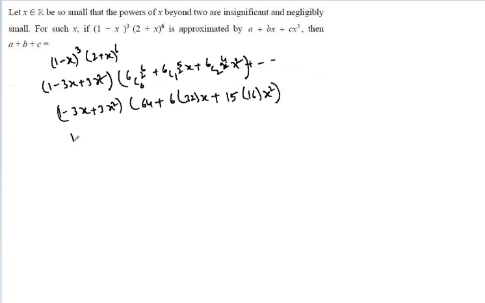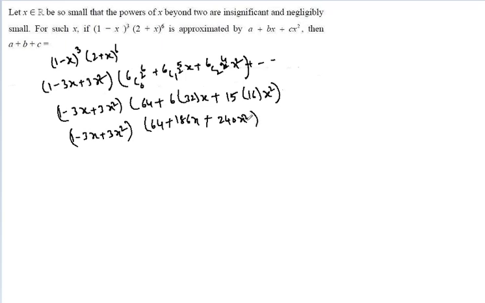So that is equal to 1 minus 3x plus 3x square into 64 plus 192x plus 15 into 16, that is 240 x square.